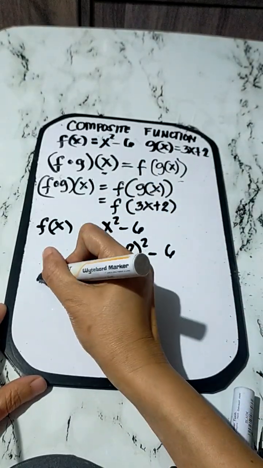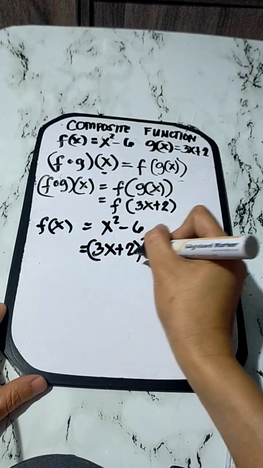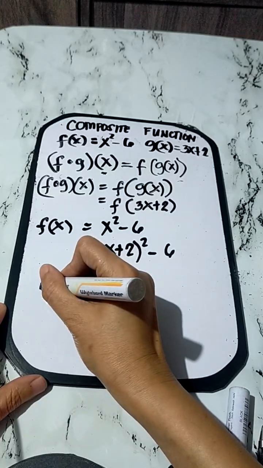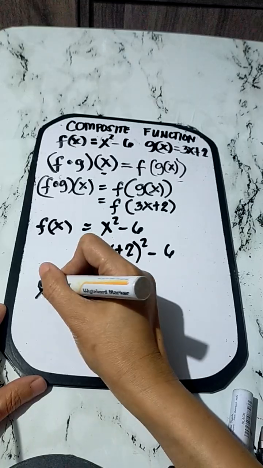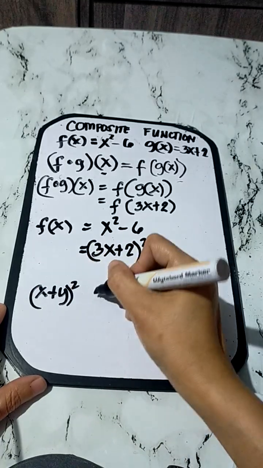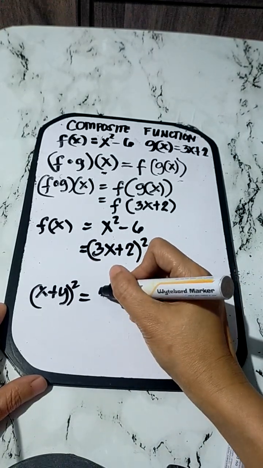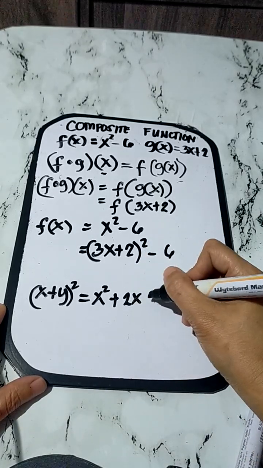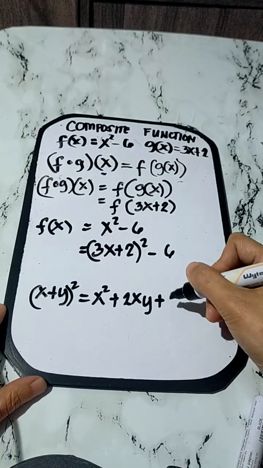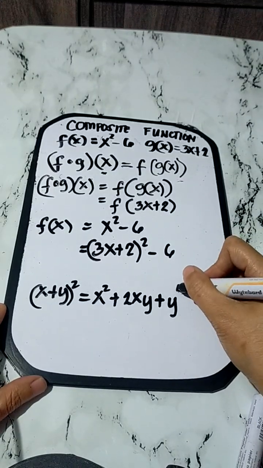Let us solve it first. (x plus y) with the exponent of 2 is x squared plus 2xy plus y squared.